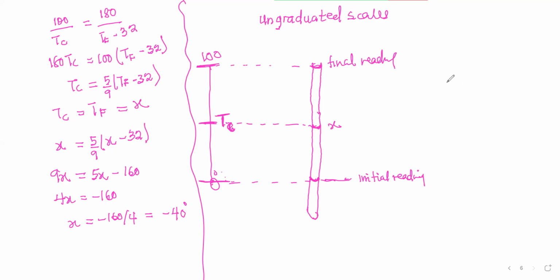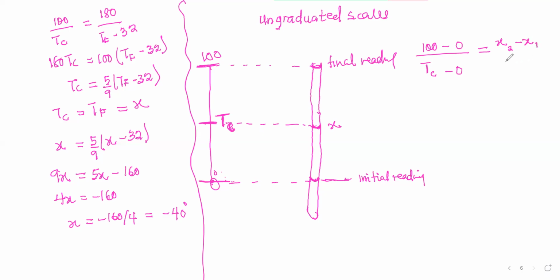Just as we saw in the conversion rate, I take 100 minus 0, upper fixed point minus lower fixed point, divided by the unknown temperature minus the lower fixed point, and it must be equal to the final reading x2 minus the initial reading x1.